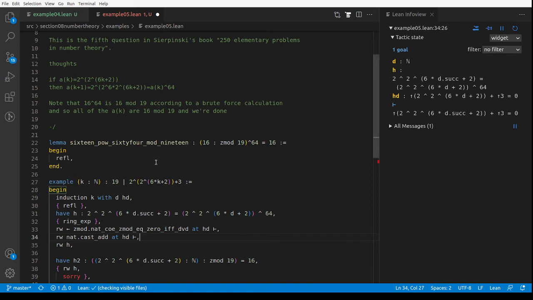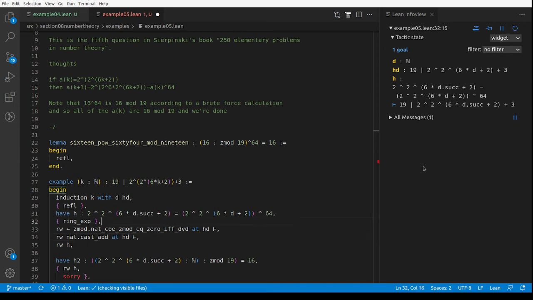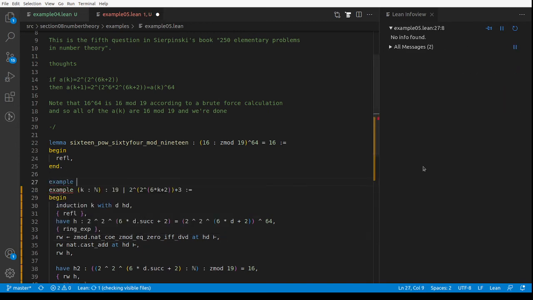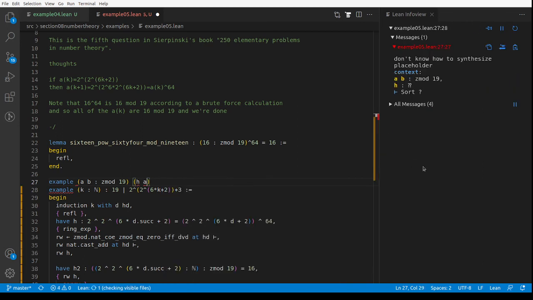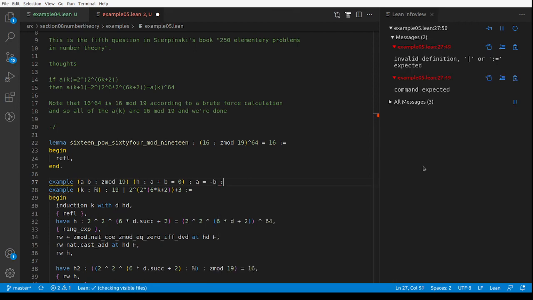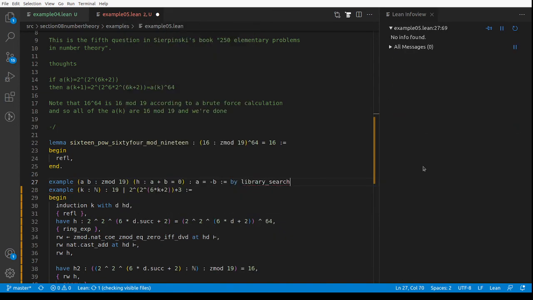So now instead of saying plus 3 equals 0, I really want to move that 3 onto the right hand side. And then I'm going to use my lemma. Okay, so how do I deduce, I need to go from A plus B is 0 to A equals minus B. So I wonder what that's called. So example, A and B in Z mod 19, and then a hypothesis that A plus B is 0, and I want to deduce that A equals minus B. And what will that be called?